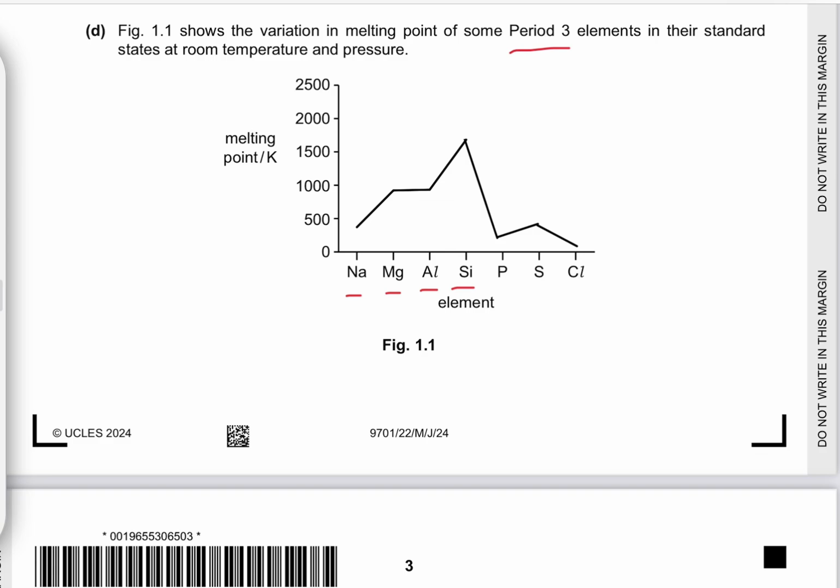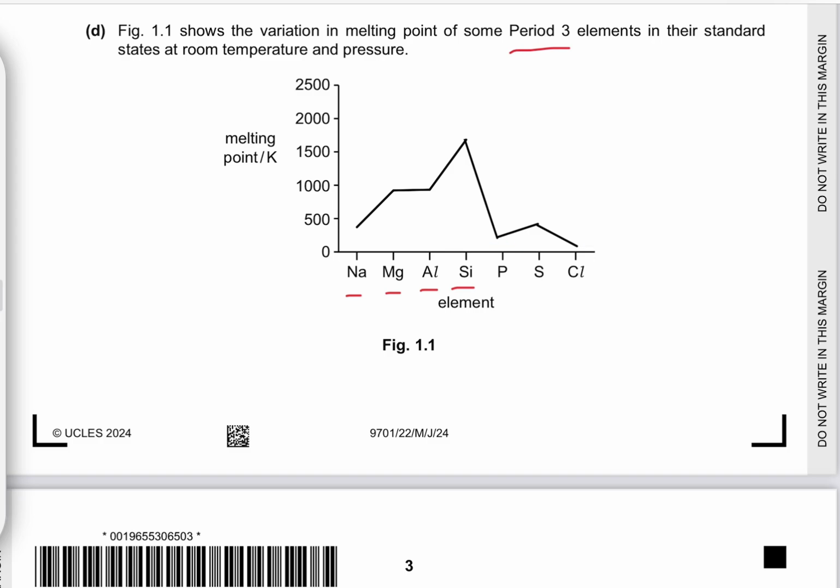From silicon to phosphorus the melting point will decrease and the melting point for phosphorus will be lower than sodium, and from phosphorus to sulfur it will increase and the melting point for sulfur will be very similar to sodium, and from sulfur to chlorine it will decrease again and the melting point of chlorine will be lower than phosphorus. So we have to follow this trend.